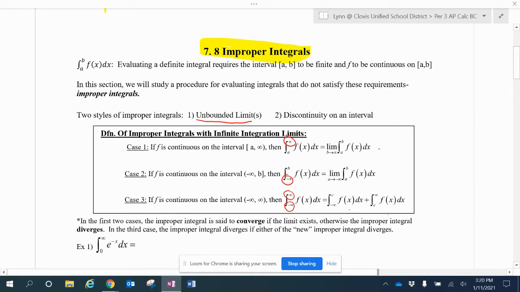This is an essential step. We must rewrite as a limit because the first fundamental theorem of calculus does not allow for that upper limit being infinity or being unbounded. Okay, so we have to rewrite as a limit.